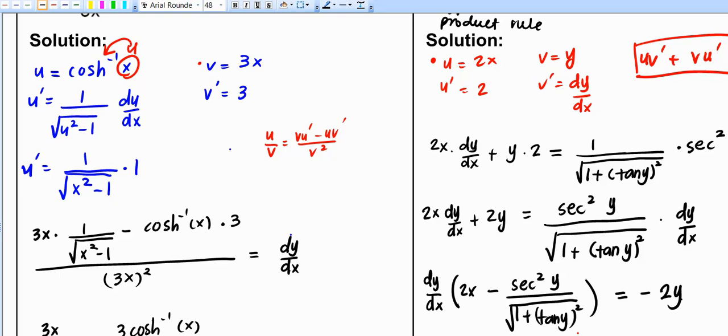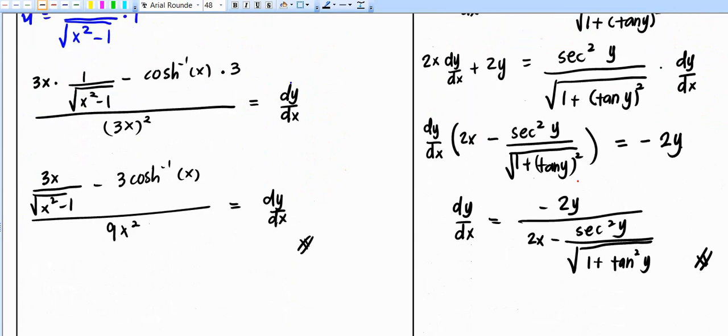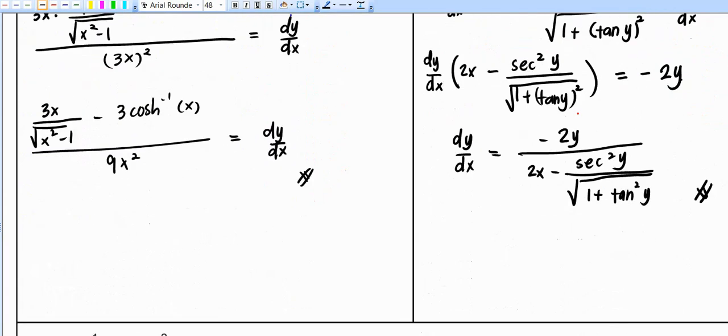This is your final answer. That is how you solve implicit differentiation involving inverse hyperbolic sine. For the question number, this one is D: sine inverse of y equals 4x squared plus 2xy. I hope you can try this question.